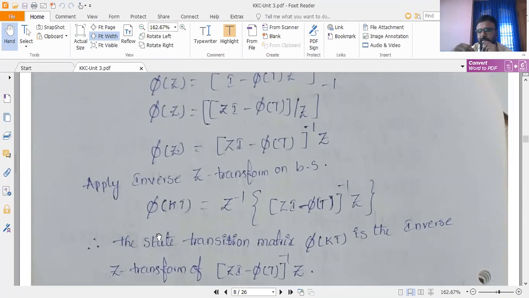In the previous class we derived the expression for the state transition matrix for the discrete data system only, that is Laplace inverse of (sI minus A) whole inverse.